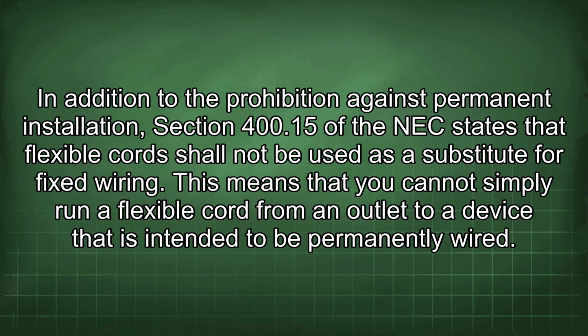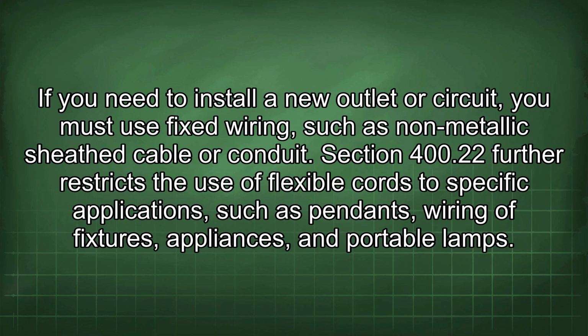In addition to the prohibition against permanent installation, Section 400.15 of the NEC states that flexible cords shall not be used as a substitute for fixed wiring. This means that you cannot simply run a flexible cord from an outlet to a device that is intended to be permanently wired. If you need to install a new outlet or circuit, you must use fixed wiring, such as non-metallic sheathed cable or conduit.